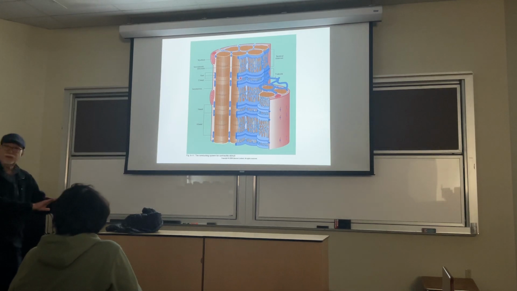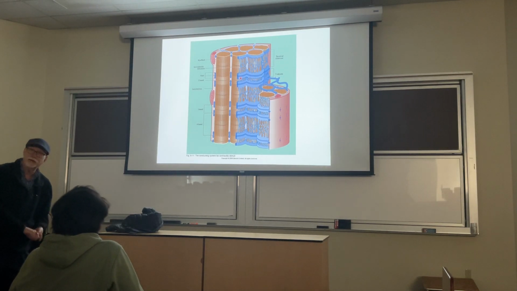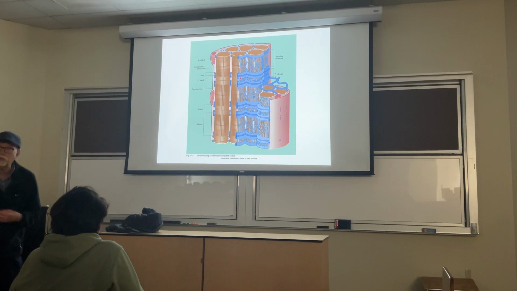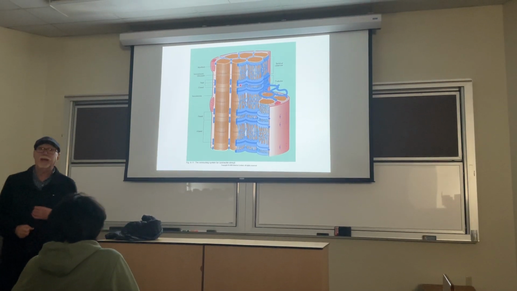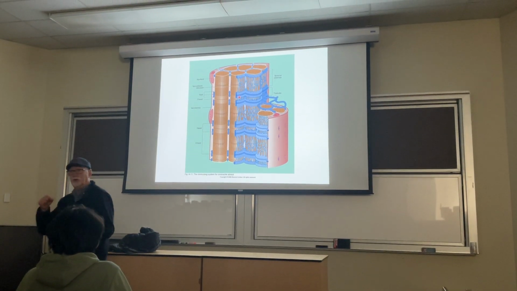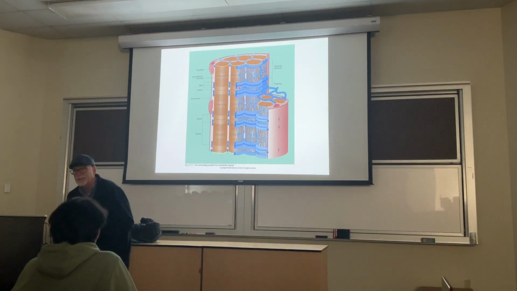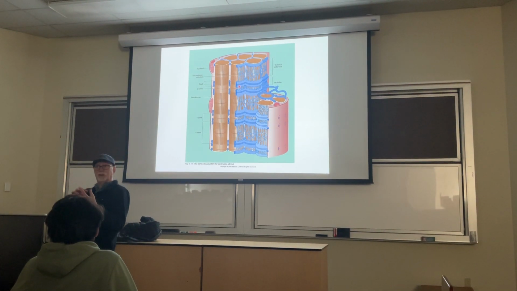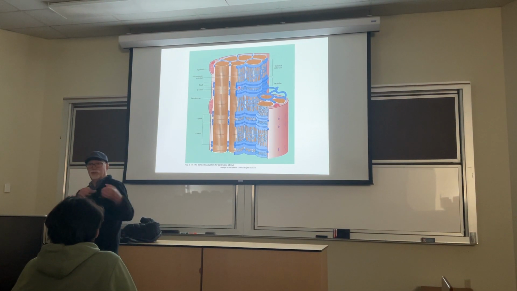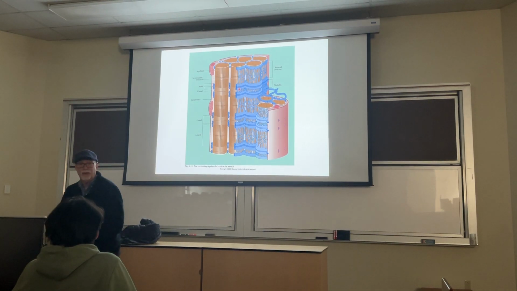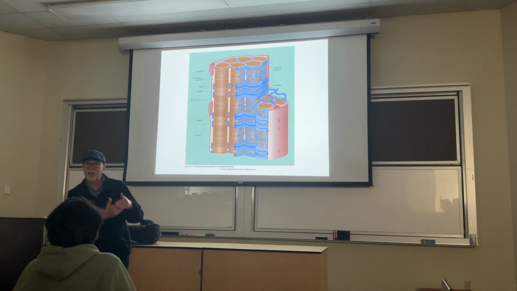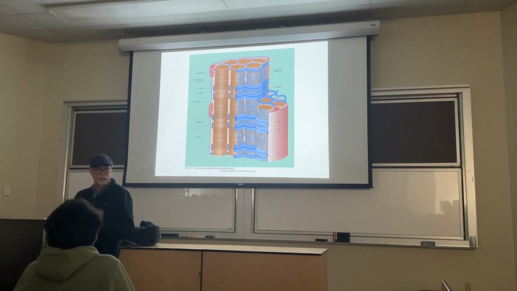Calcium goes out of the sarcoplasmic reticulum into the sarcoplasm, the cytoplasm. And that calcium can then bind to troponin C, which temporarily changes its shape and slides troponin and tropomyosin out of the way, so myosin can bind to the actin, and we can initiate muscle contraction.